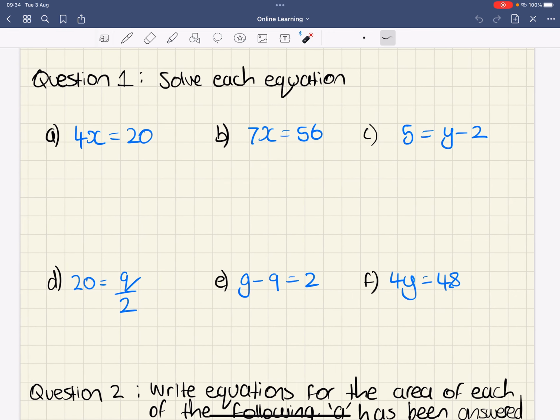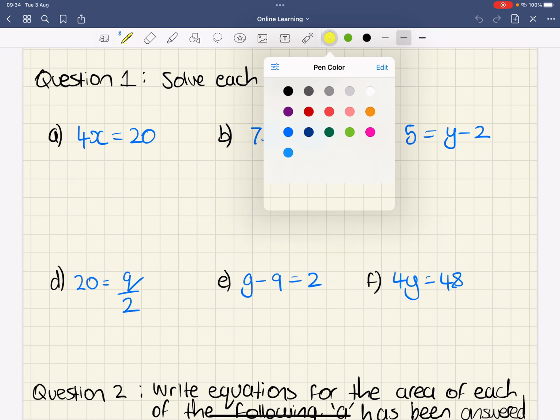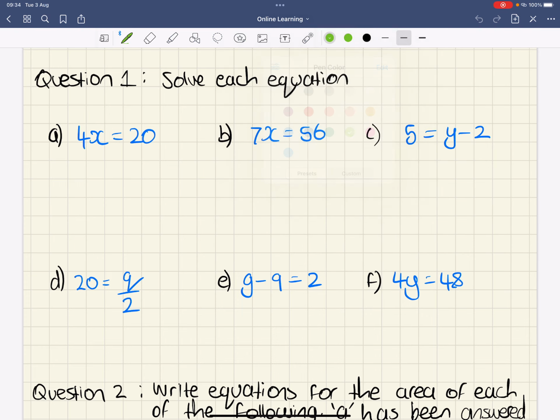All right, so question 1A, solving this equation, 4x equals 20. Let me just get a decent colored texture, and we can answer them together. So 4x equals 20. We are trying to eliminate the 4. The way that we'll do that is we'll apply the reverse operation to times 4, which is divide by 4.